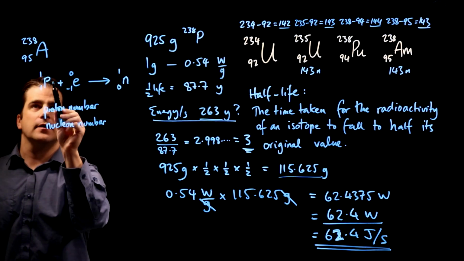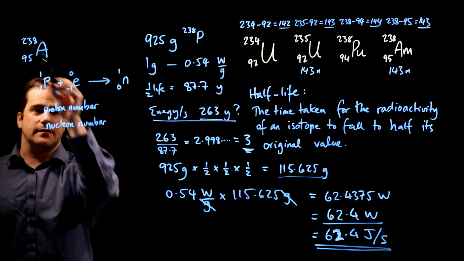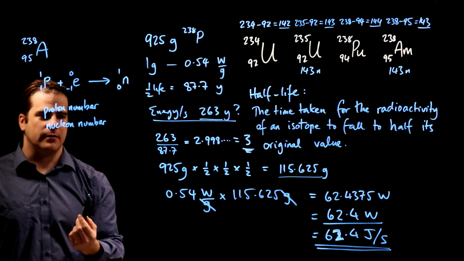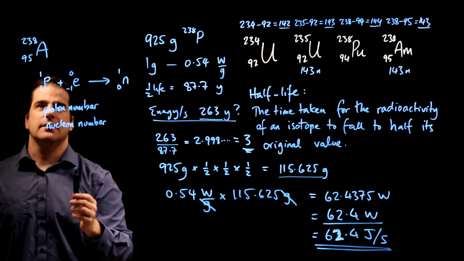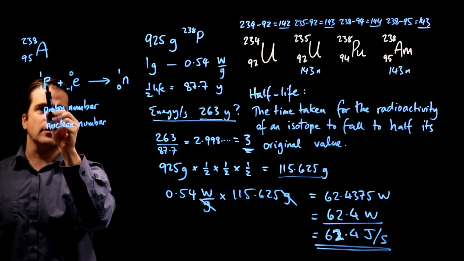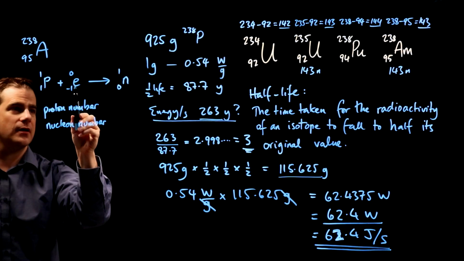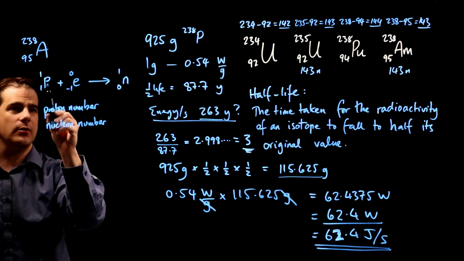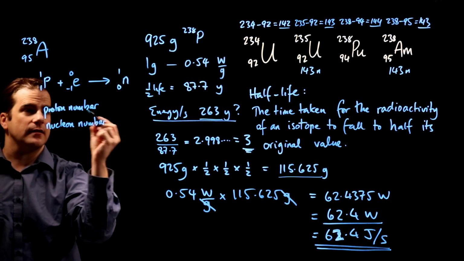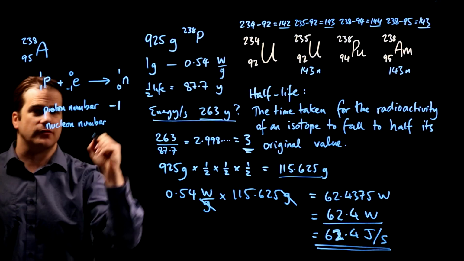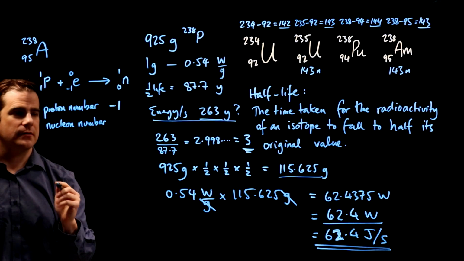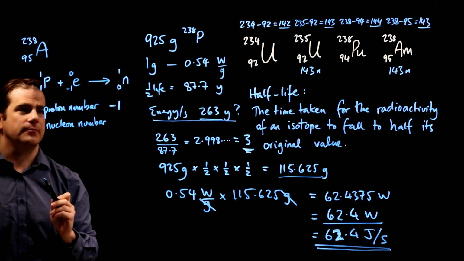So describe how absorbing an electron affects the proton number. Well, inside this americium nucleus, a proton is absorbing an electron and turning into a neutron. So the number of protons, this proton no longer exists. The number of protons has gone down by 1. What about the nucleon number?